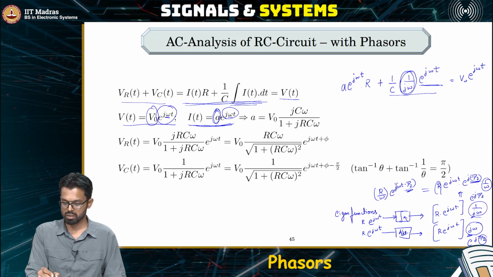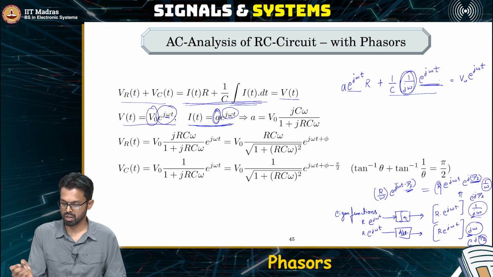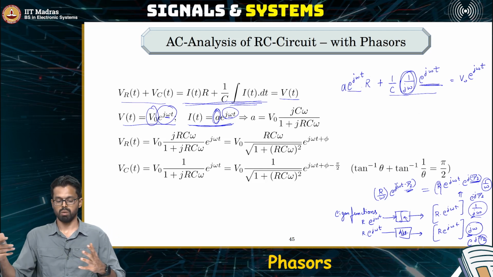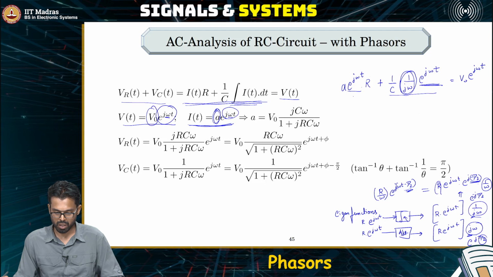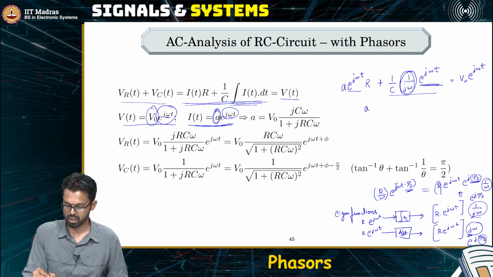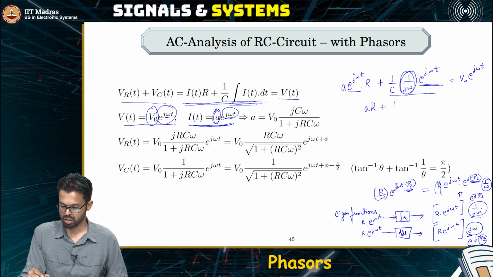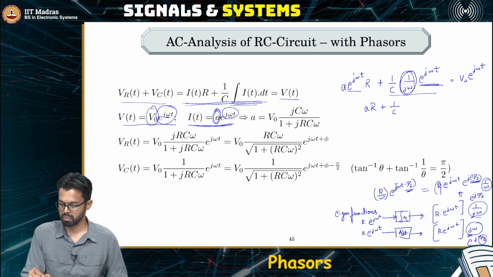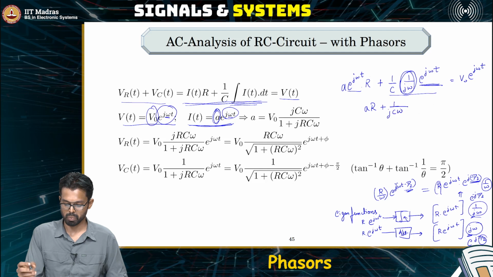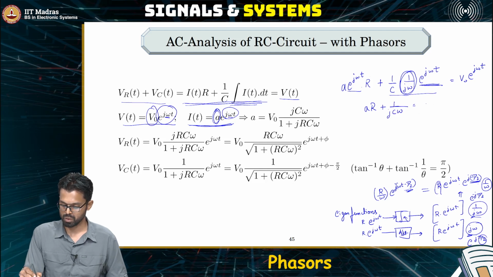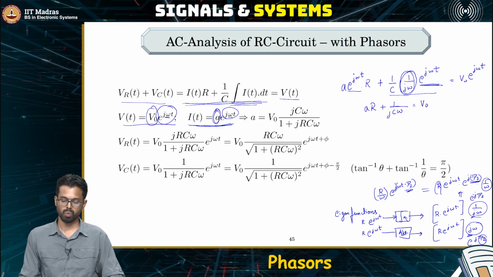Now in this equation, just divide both sides by e power j omega t. So once you divide both sides by e power j omega t, you get A R plus 1 by C j omega to be equal to V naught.